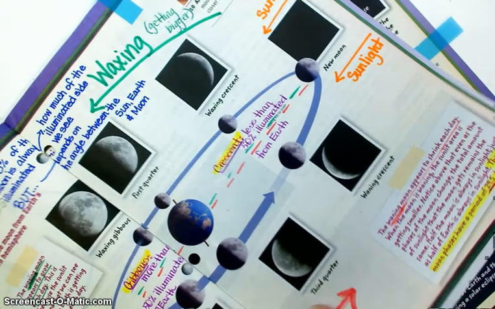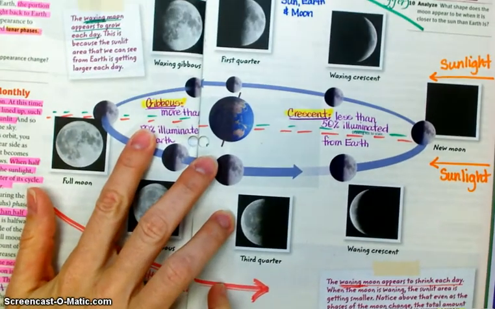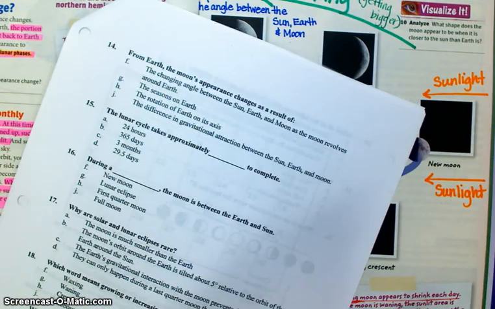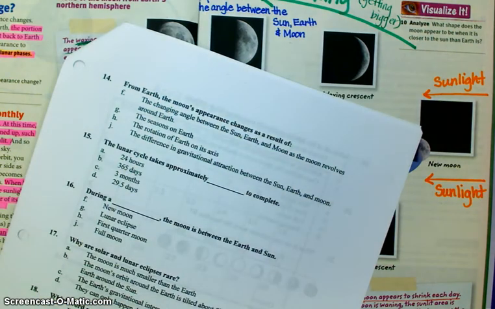All right, let's get to the questions that were on the test. Number 14. From Earth, the moon's appearance changes as a result of, and that answer's right over here, the changing angle between the sun, Earth, and moon as the moon revolves around the Earth.